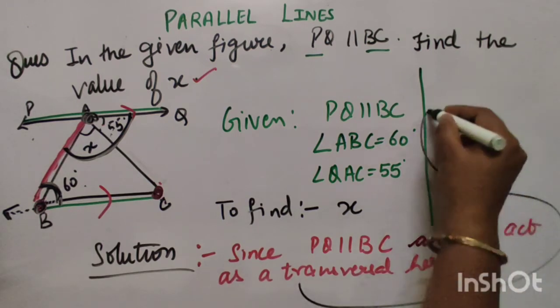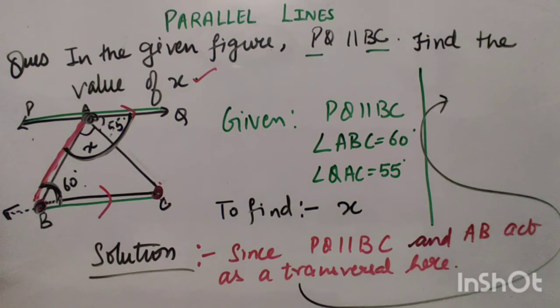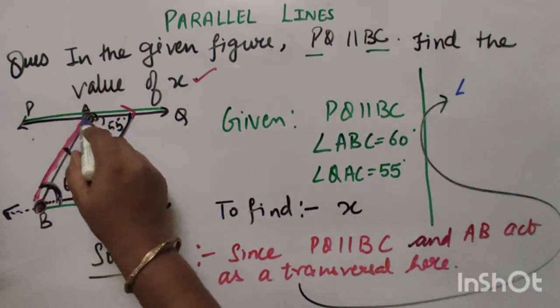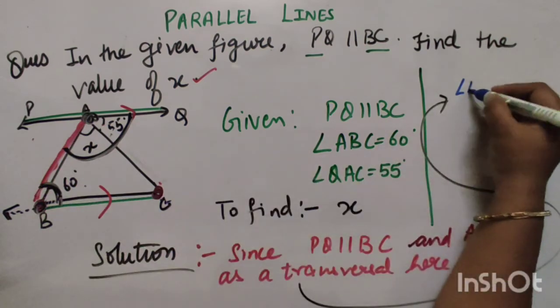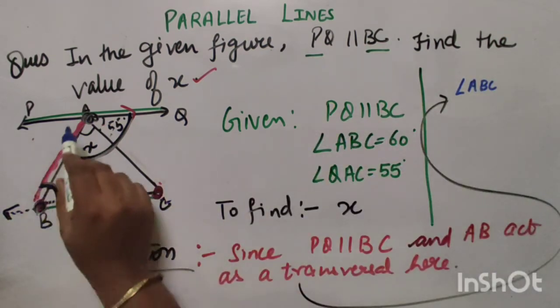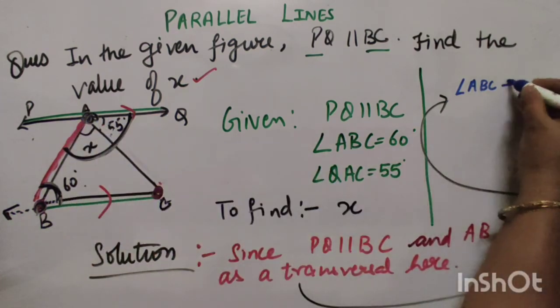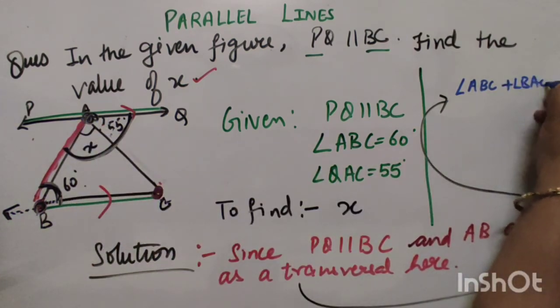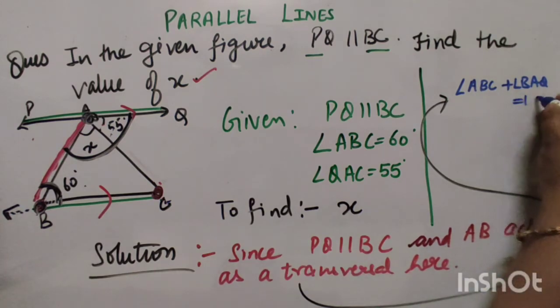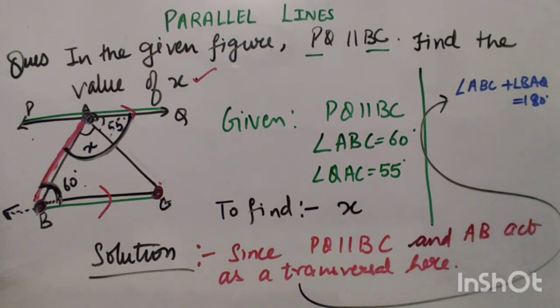So I'll show you here. These are co-interior angles. So we can write angle ABC plus angle BAQ. They both are making what? They both are making 180 degrees. And by what reason?